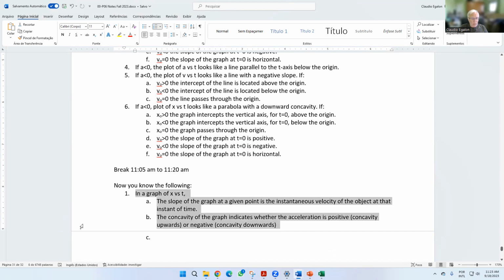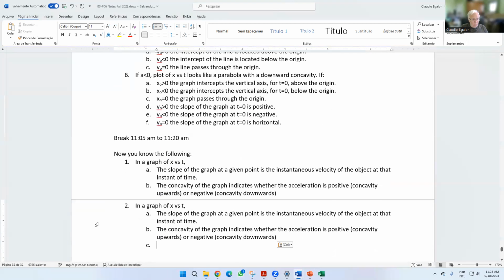Okay, and now let's go. There's more in a graph V versus T. Okay, the slope of the curve or line is the acceleration.